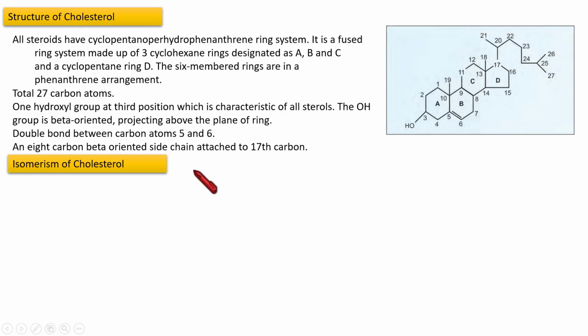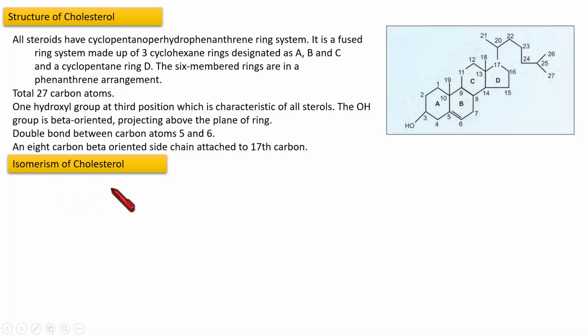Okay. Then we are going to see about isomerism. What is isomerism? We have already learned about isomerism in detail in the carbohydrate chapter. Anyhow, I am just brushing up your memory. Isomerism means many different types will be there. All have the same structural and molecular formula, but the spatial arrangement of atoms will be different.